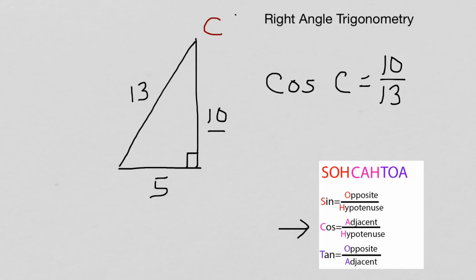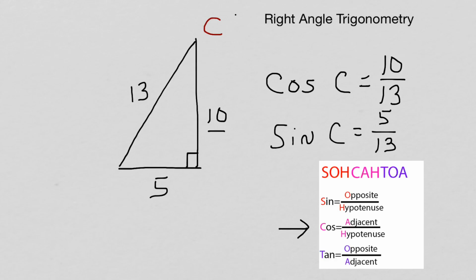And I want you to see you can do multiple. This is a good time for me to show. I'm going to do sine C. Sine C is opposite, which will be 5, over hypotenuse, which is 13.